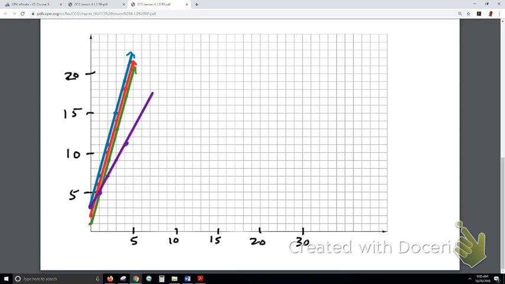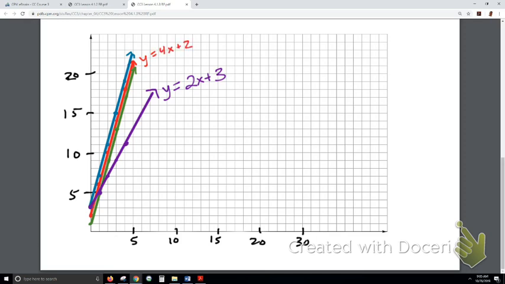Because we don't need all these numbers on our x-axis. I did this without thinking ahead. Okay, so you can tell right then and there that purple line is different, right? The growth rate is different. So if you recall, this is y equals 2x plus 3, okay? The red one was our first one, y equals 4x plus 2.